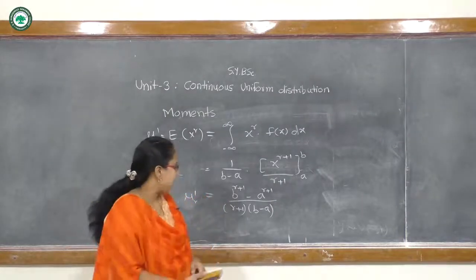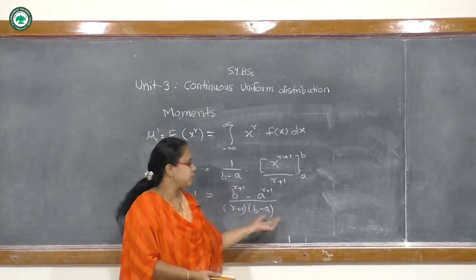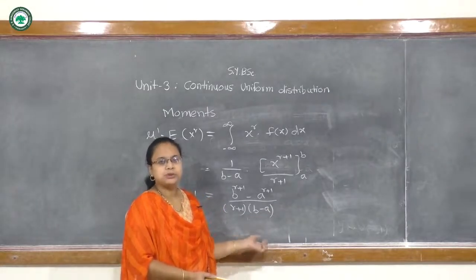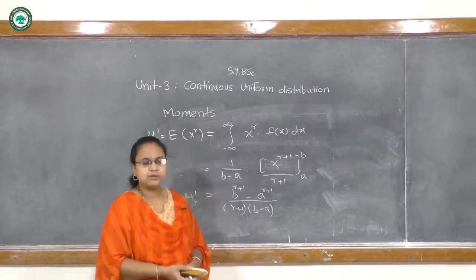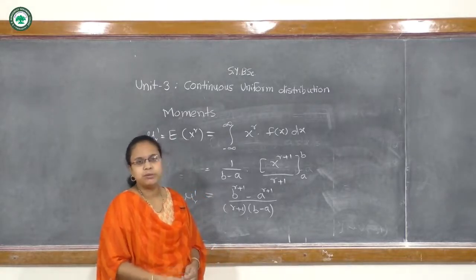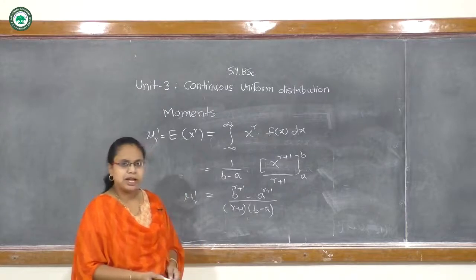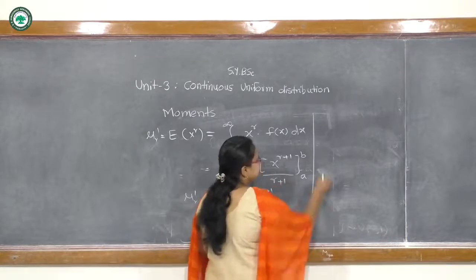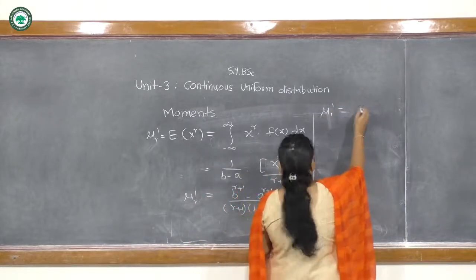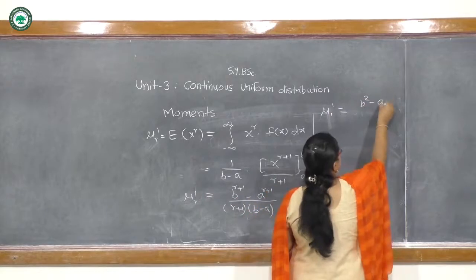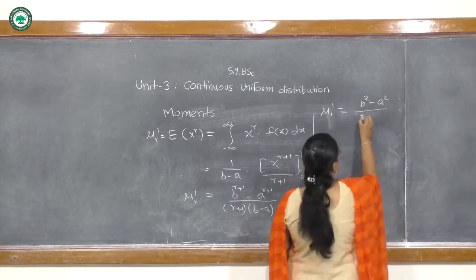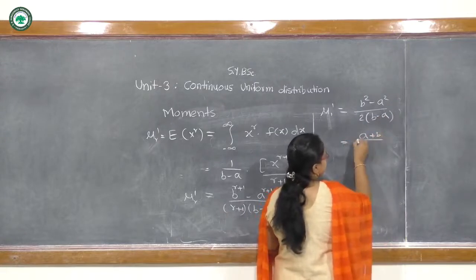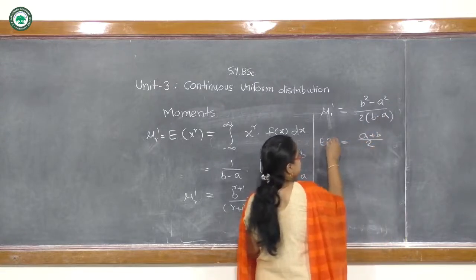By substituting r from 1, 2, 3, 4, we will get our raw moments mu1 dash, mu2 dash, mu3 dash and mu4 dash, and from that we will find the central moments mu1, mu2, mu3 and mu4. So let's put r equal to 1. mu1 dash equals a plus b upon 2, which is expected x.